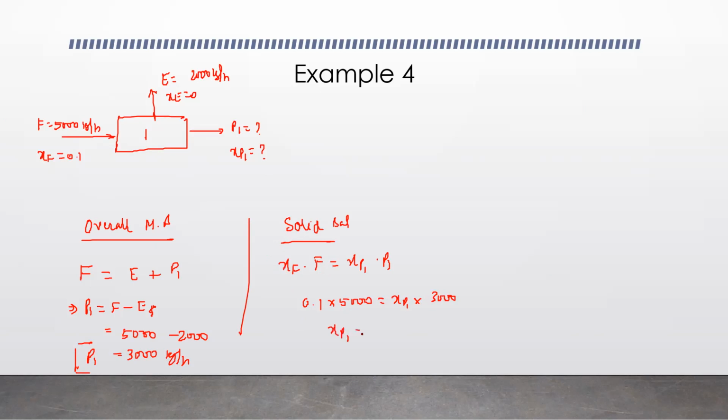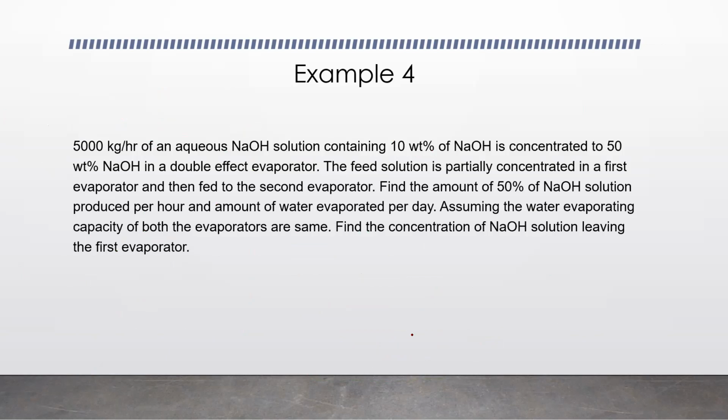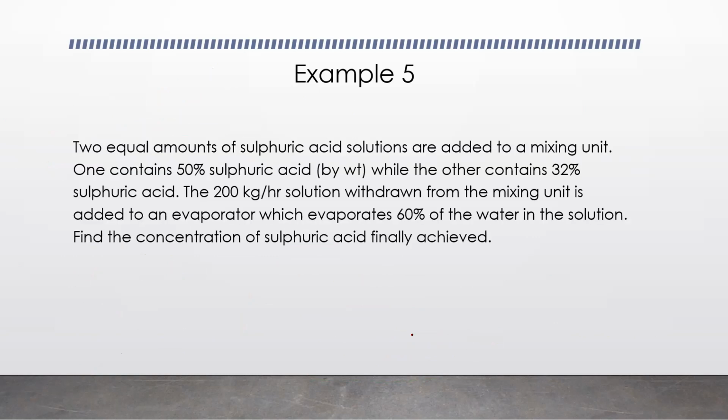So XP1 is going to be 500 upon 3000, that is 1 by 6. So we can write this as 0.1667. XP1 is 0.167. So that was asked: find the concentration of NaOH solution leaving the first evaporator. That is 16.67% solids.